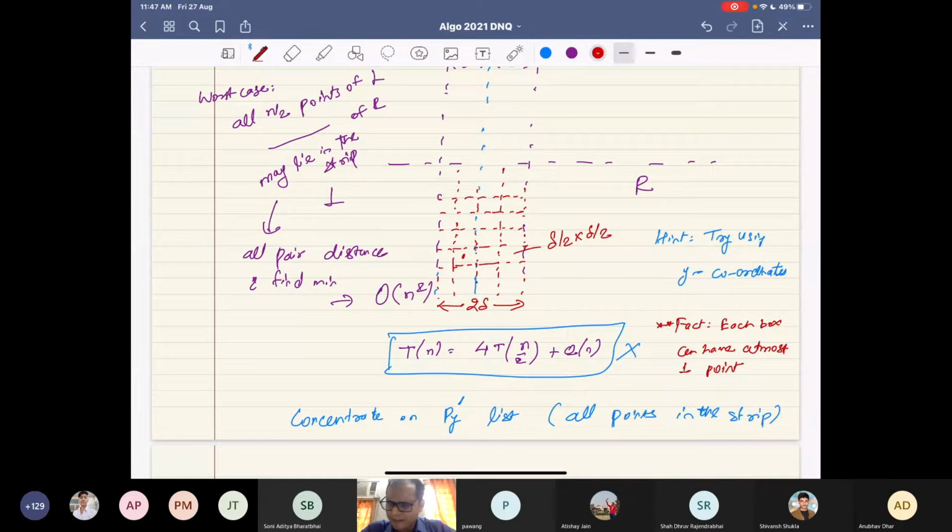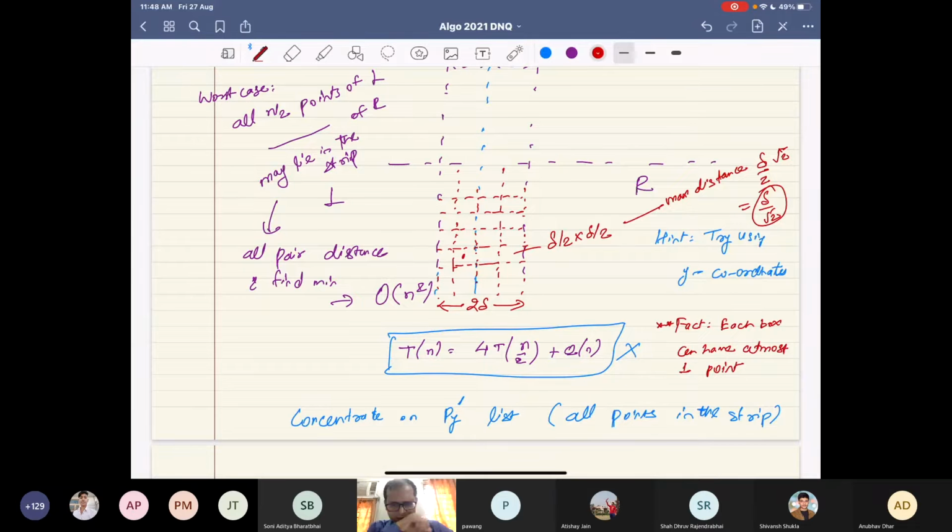In a box, what is the maximum distance you can get? You know that it is a delta by 2 cross delta by 2 square. What is the maximum distance you can have in a box? Delta by root 2. So delta by 2 into square root 2, diagonally opposite. So that is still delta by square root of 2, which is less than delta.